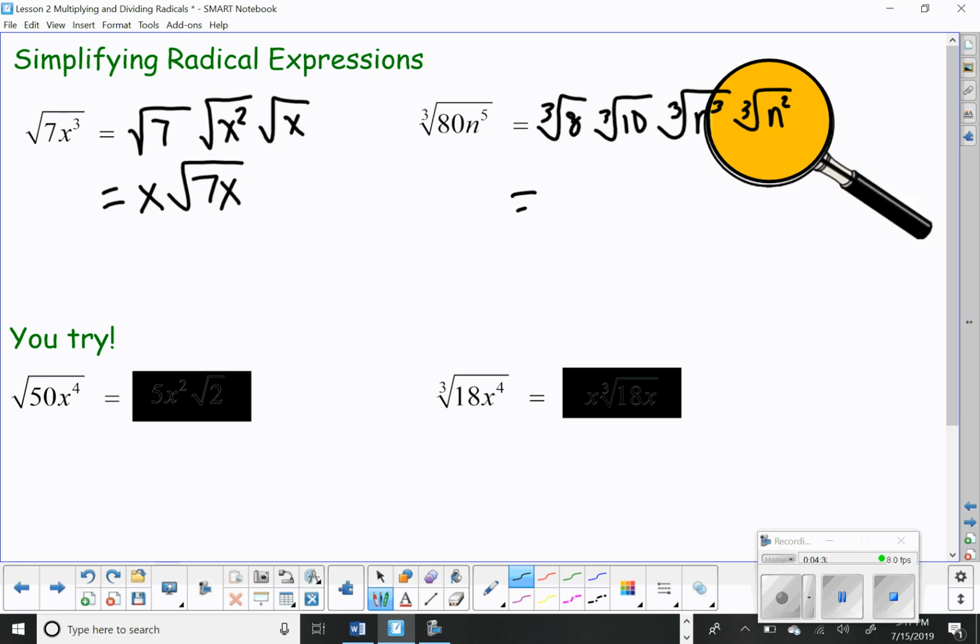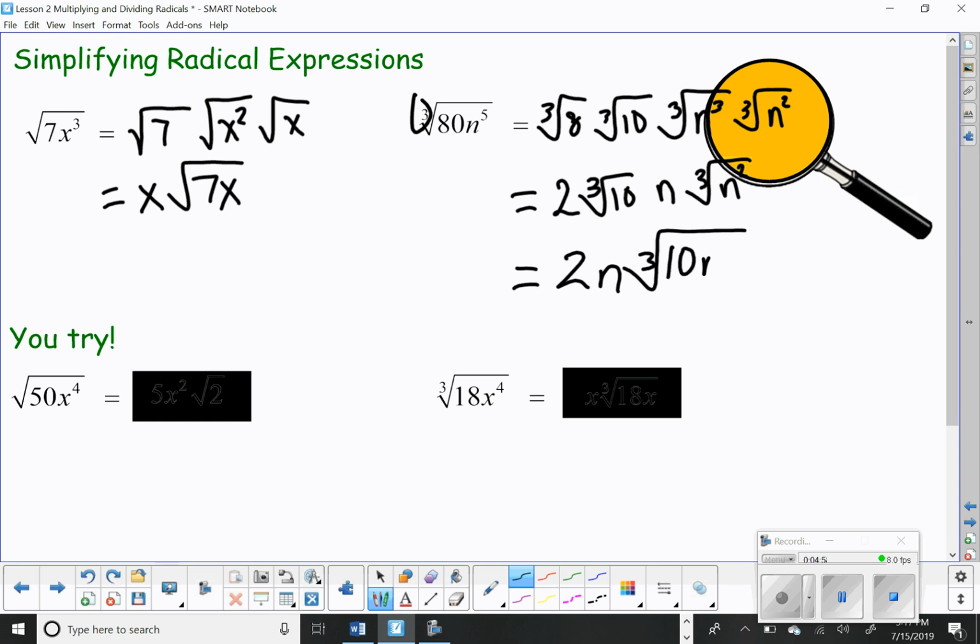Now I know that I have 2 cube root of 10, and then I've got an n cube root of n squared. And I don't have to worry about absolute values because I have an odd index. Now, I'm going to put this all together, so I have 2n cube root of 10n squared. Not bad. You try the next two.